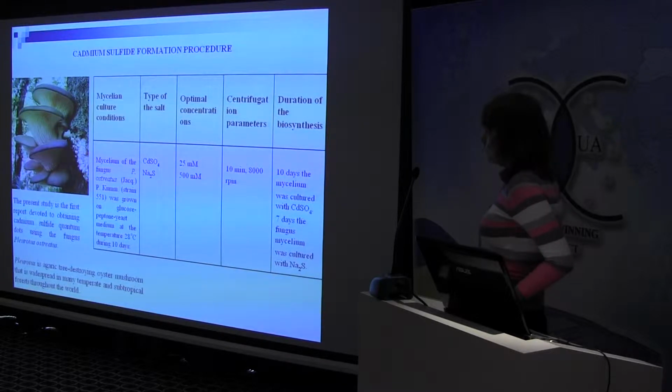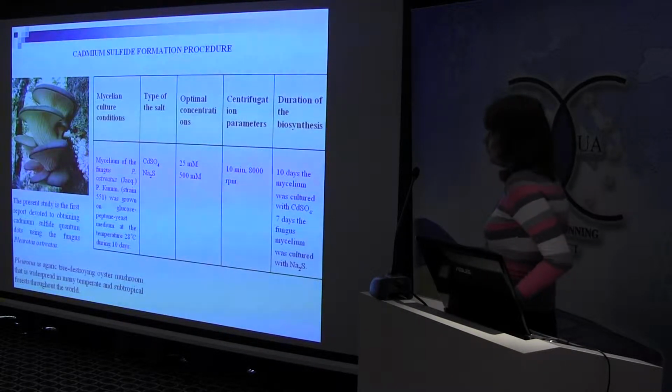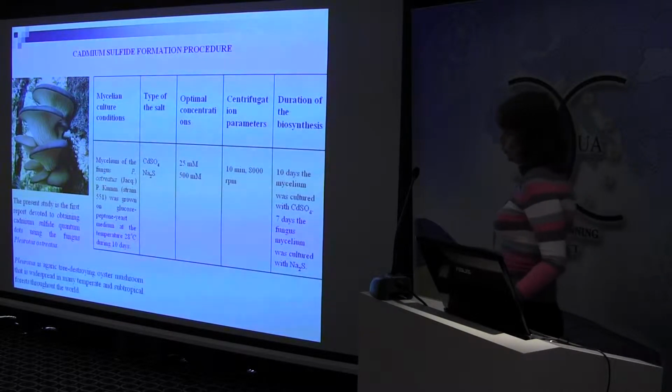In this picture, you can also see the cadmium sulfide formation procedure. The mycelium of the fungus was grown on glucose peptone yeast medium at a temperature of 28 degrees for 10 days. Then we added inorganic salts such as cadmium sulfate and sodium sulfide.